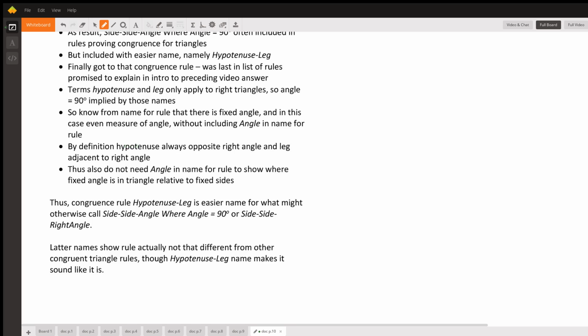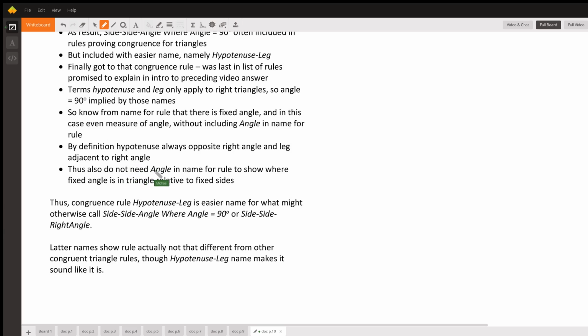By definition, the hypotenuse is always opposite the right angle, and then you've got the leg adjacent to the right angle by mentioning leg second.